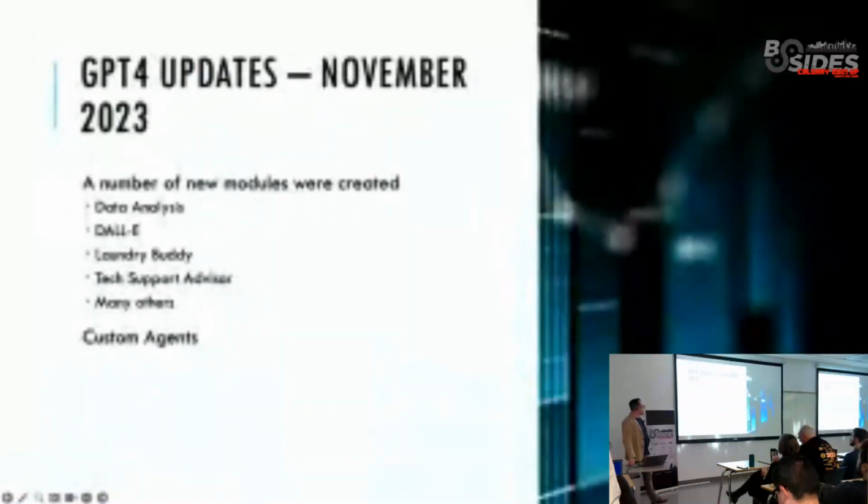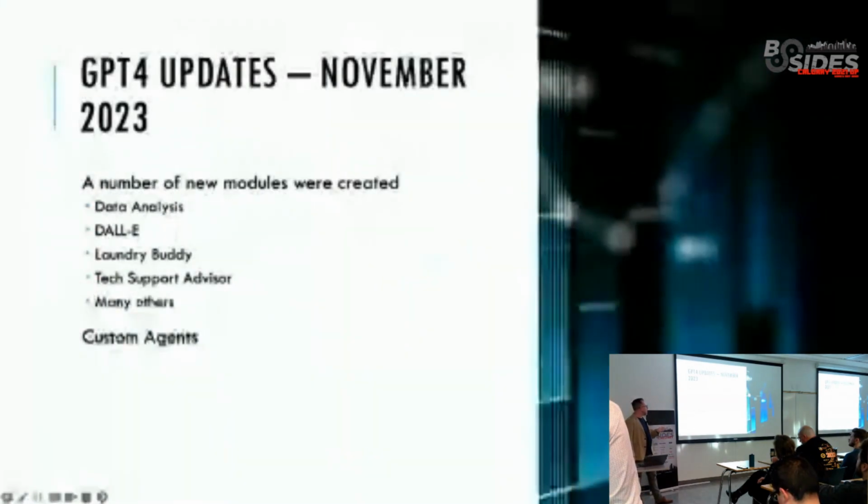Okay, so relevant updates to this talk are really the data analysis and the DALL-E modules. They've created a bunch of new modules. DALL-E is an image creation tool. Data analysis is for analyzing and visualizing data.